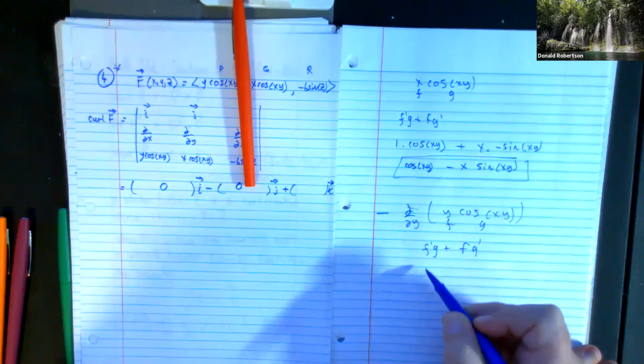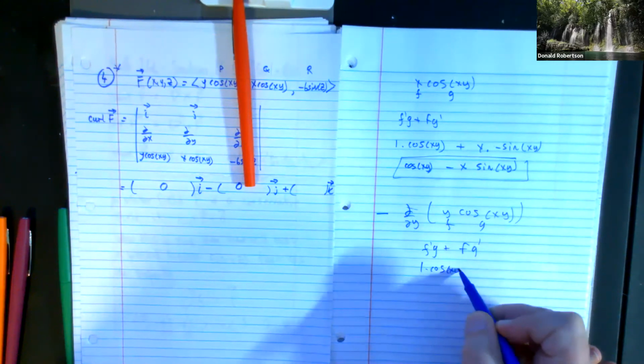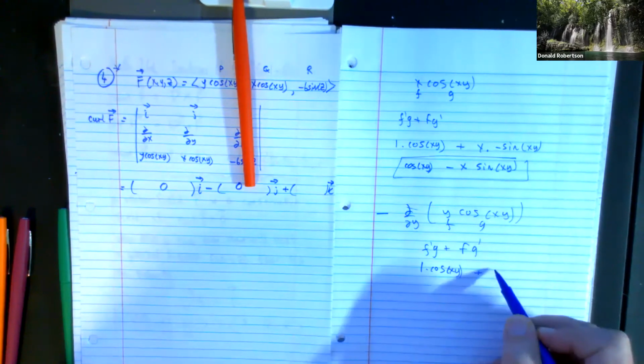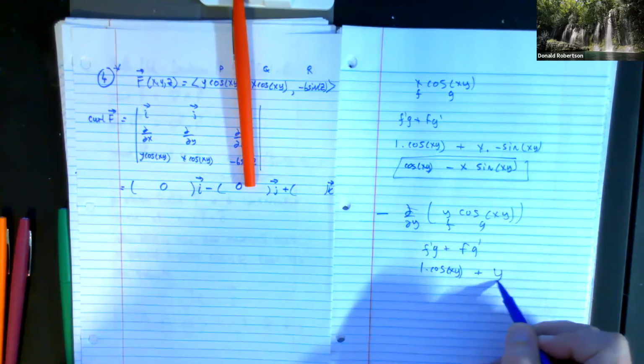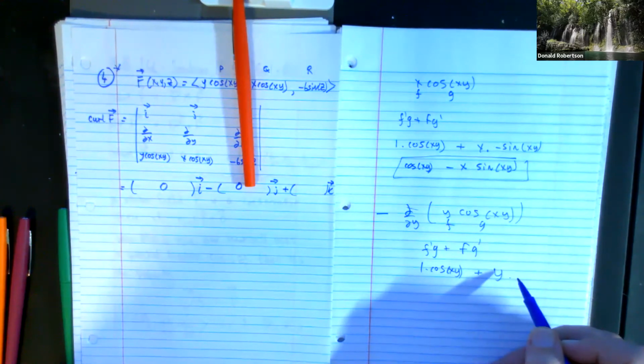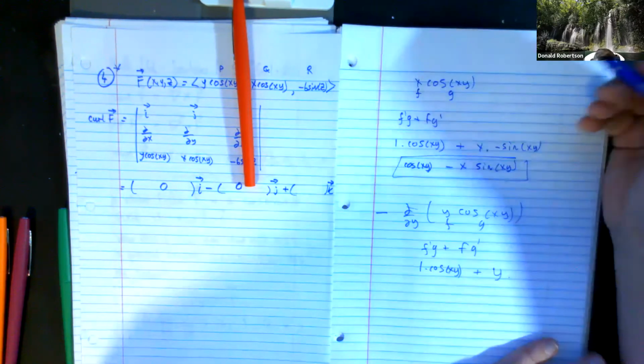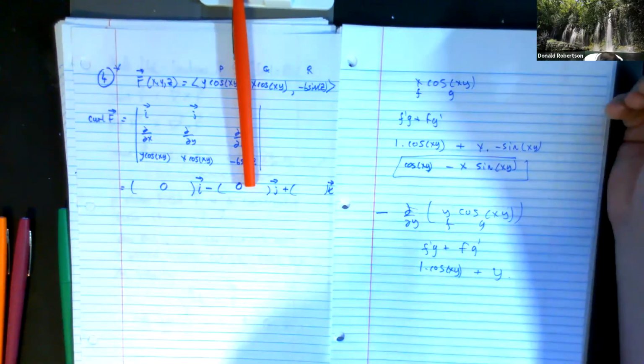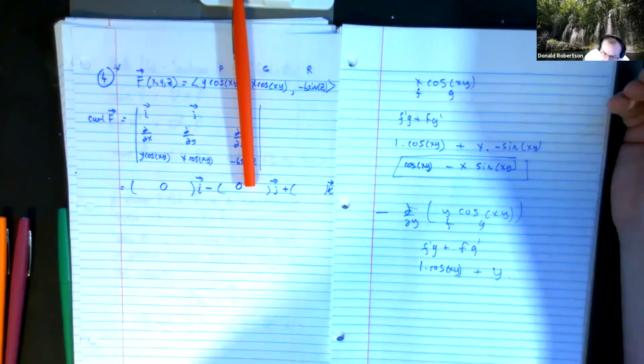So it's 1 times the cosine of xy plus y times... No one saw my mistake. Can anybody see the mistake that I made here?